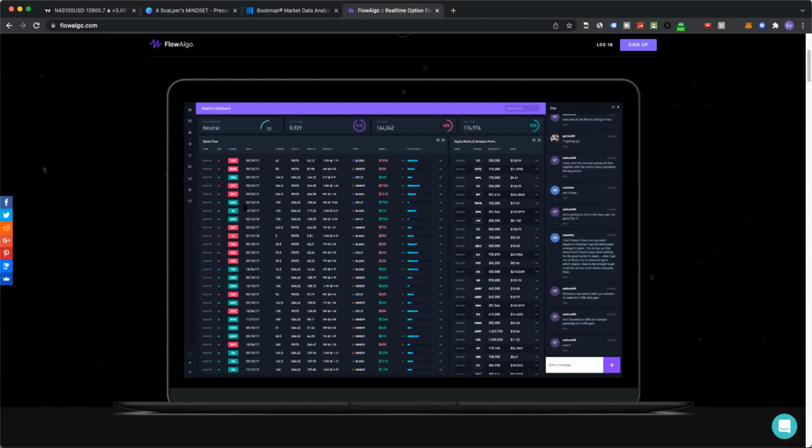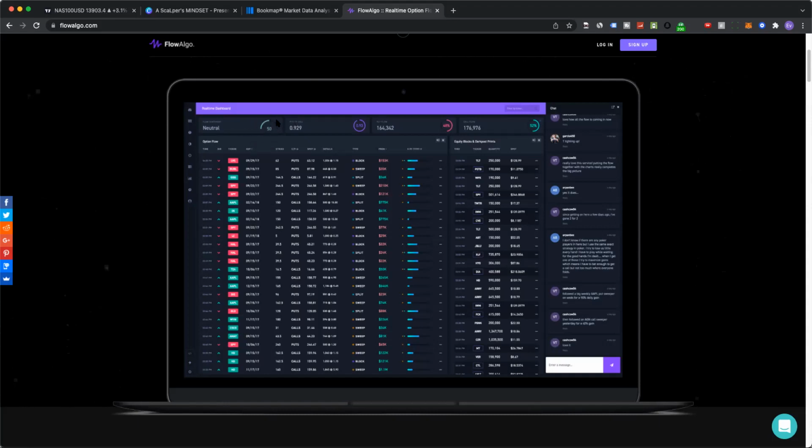But we'll talk about a lot of this later, but this is going to show you kind of an overall bias of the market, right? So up here, it's going to tell you neutral. The market is in a neutral state right now. So depending on whatever contract, if this was all just Apple, it'll tell you most people are 50-50 on Apple.